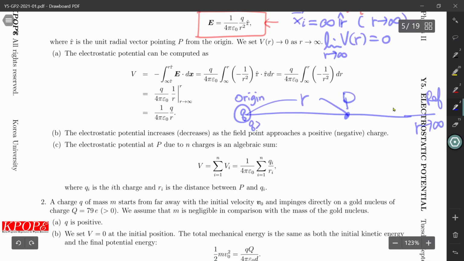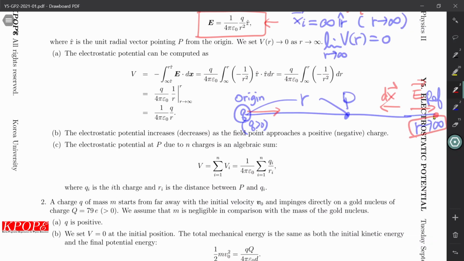Assume that Q is positive. The electric field is in the radial direction, so the electric field is in this direction, and the displacement dx is along the radial direction from r goes to infinity to here. So we integrate over this path.